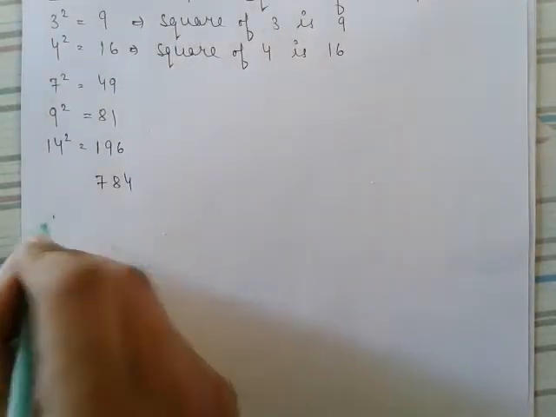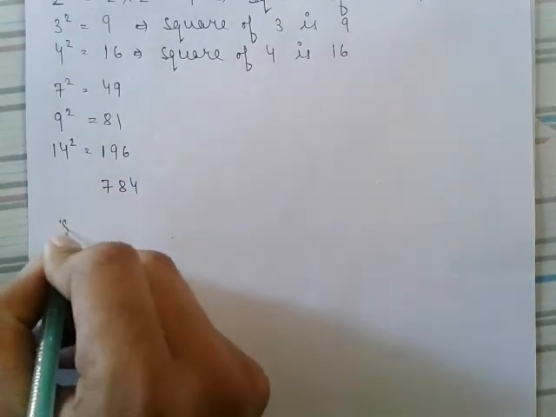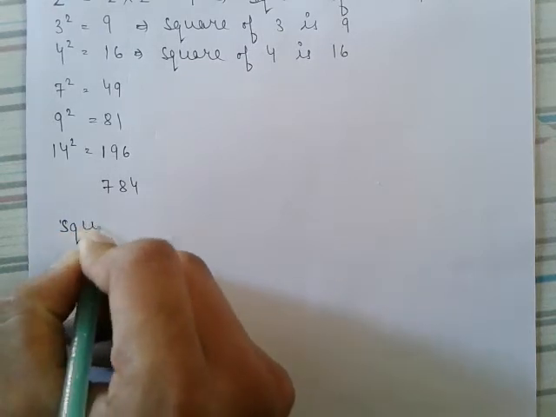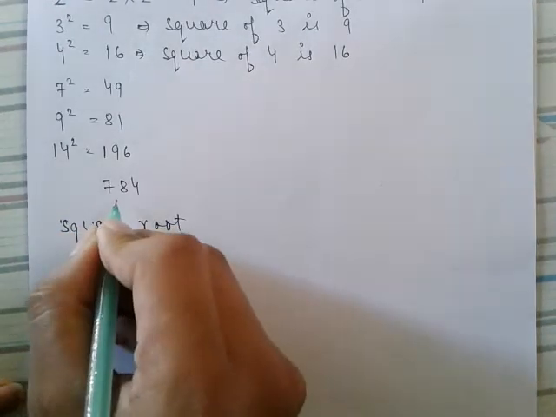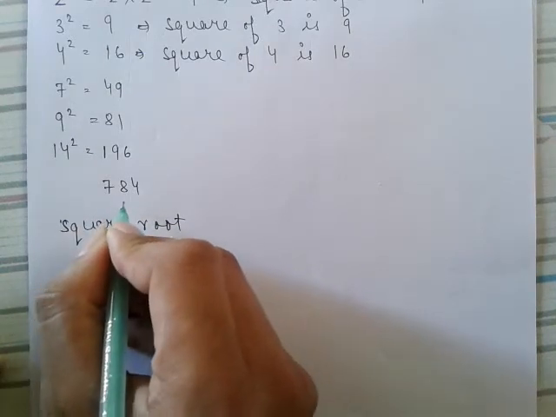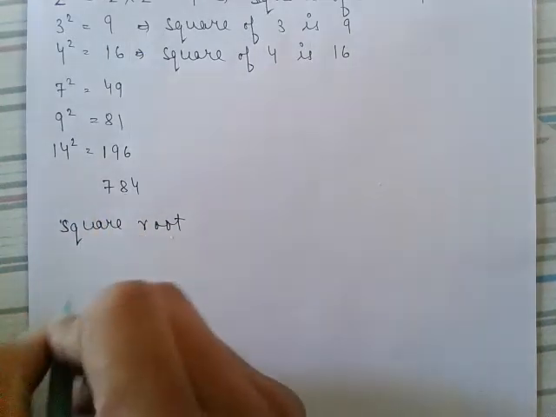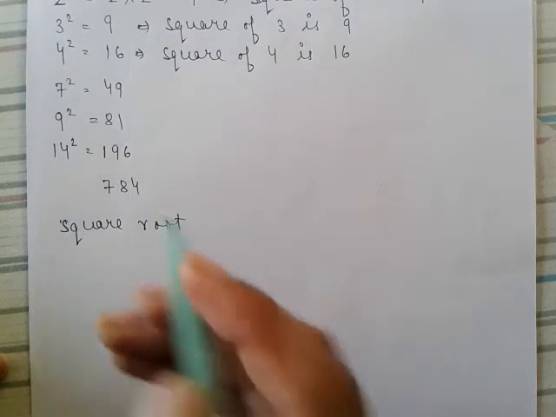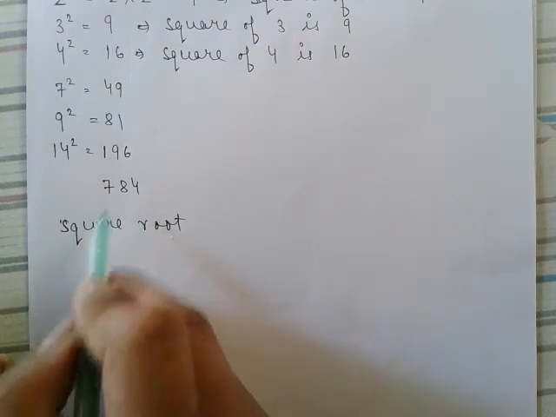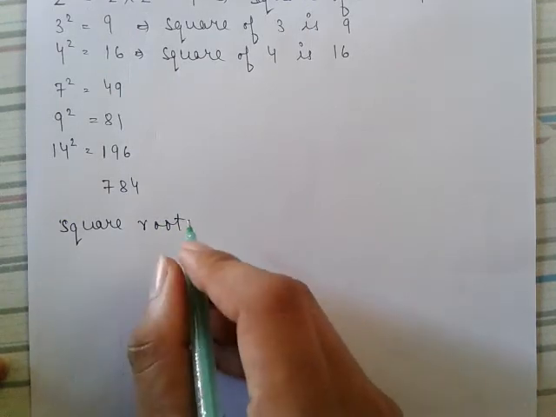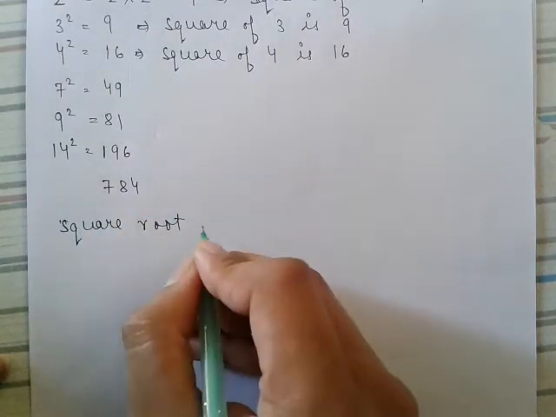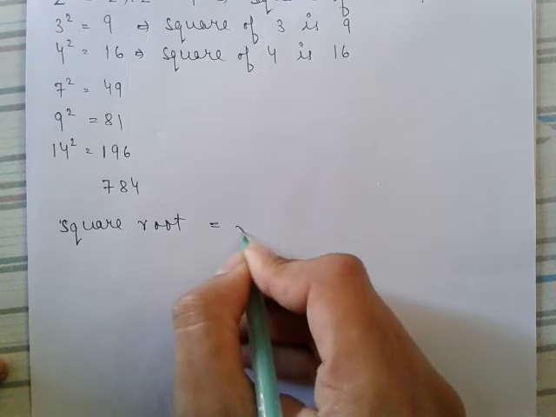If you find the square root of this number, you will get which number was multiplied twice to get this number. That is the square of that number. So the square root has a symbol like this.